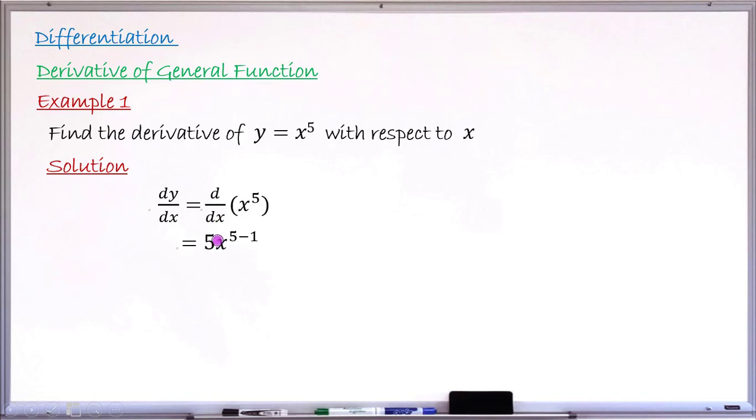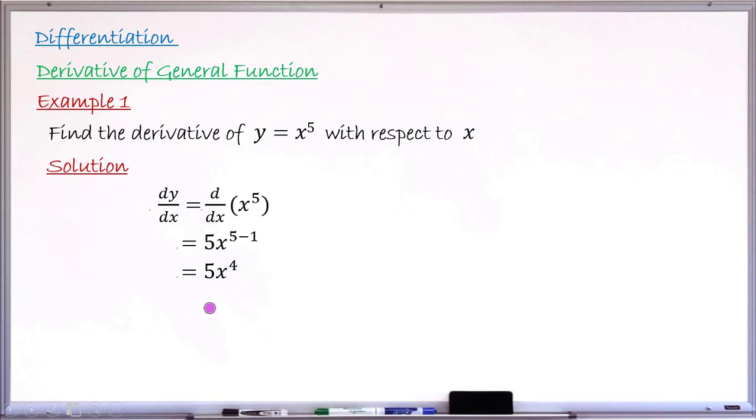Here, if there is another coefficient, it will multiply it. So subtracting 1 from 5 gives the answer 4. So the end result will now be 5x raised to the power of 4. This is now the derivative of this function y equals x raised to the power of 5.